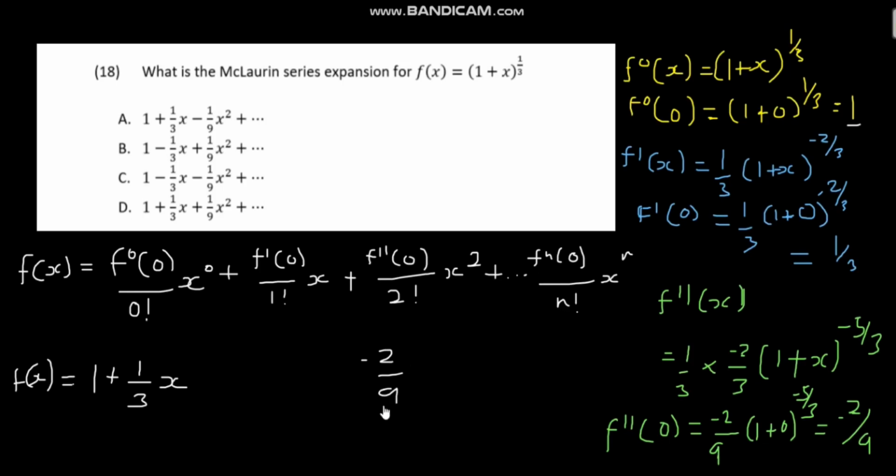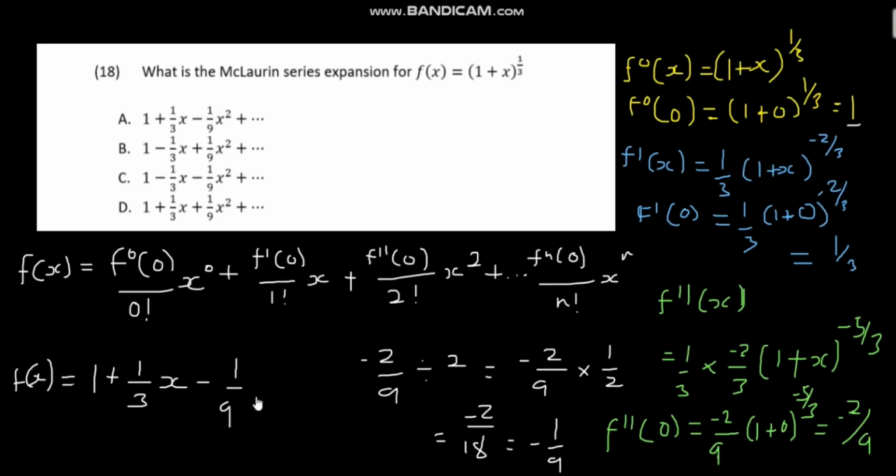So that would be minus 2 over 9 divided by 2 factorial, which is the same as 2. So this will be equal to minus 2 divided by 9 times 2, which is minus 2 over 18, and this will be equal to minus 1 over 9. Okay, so the next term will be minus 1 over 9 x squared. Then the series will continue. So this is what we have now.